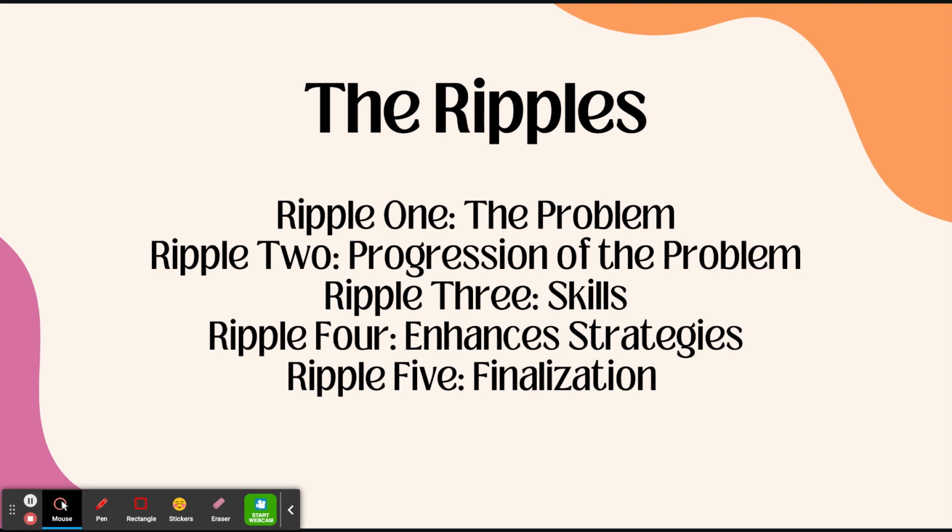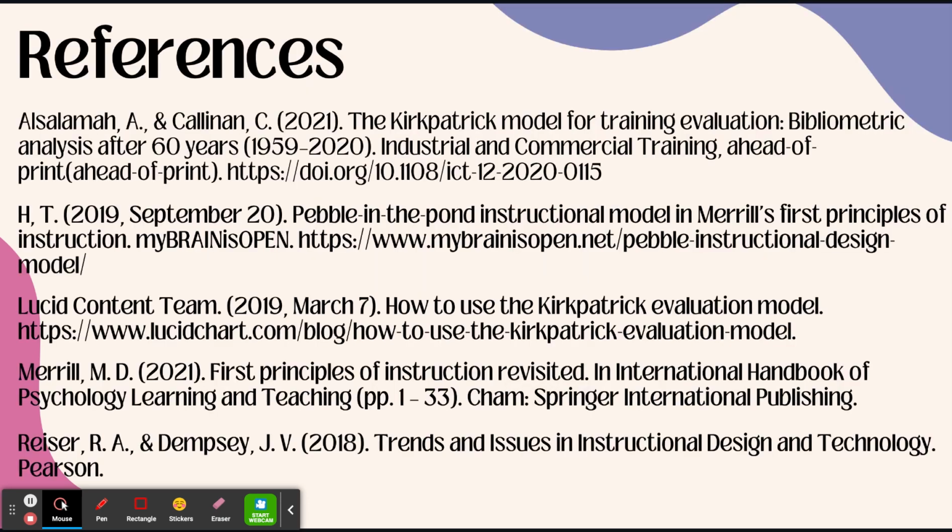So that's essentially everything that the pebble in the pond model is: students are aware of what the problem is, they're aware of the steps that they're taking, and they're able to try to solve the problem. And if that strategy doesn't work the first time, they're able to evaluate and redo and try a different strategy.